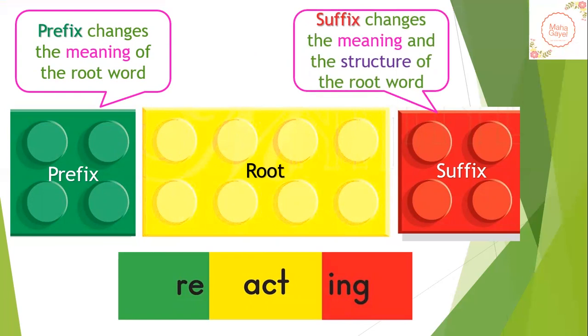Let's practice more. Now imagine that I have this word. The word is happy. Happy. This is the root word, the original word that I have. What is the meaning of the word happy?